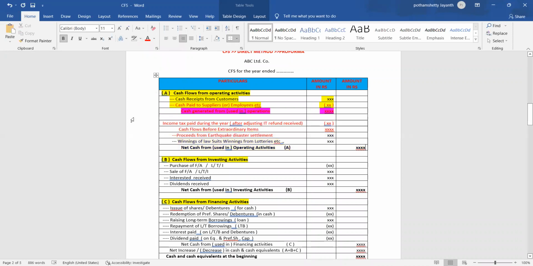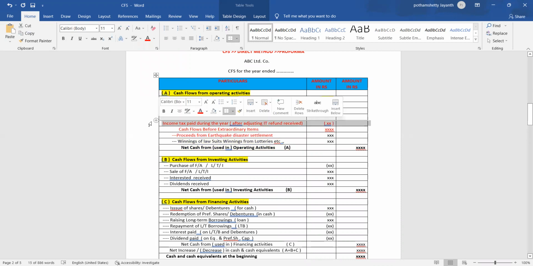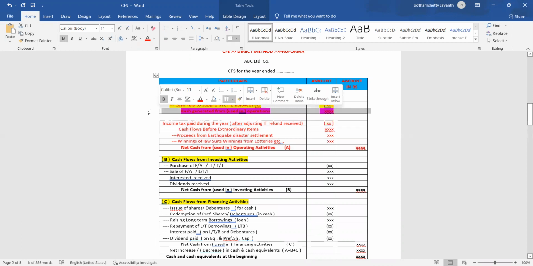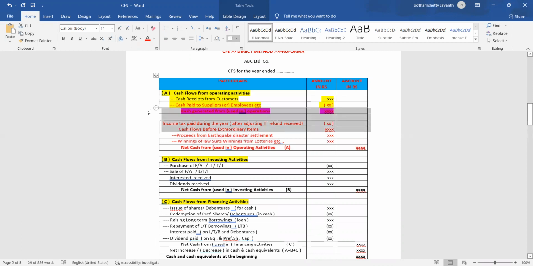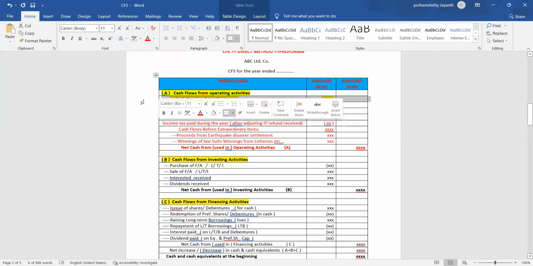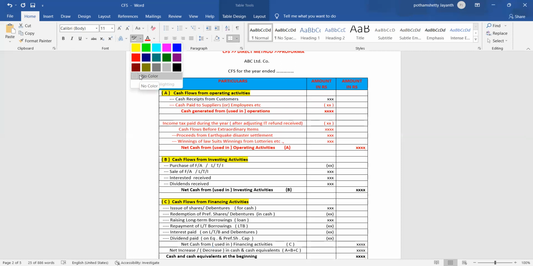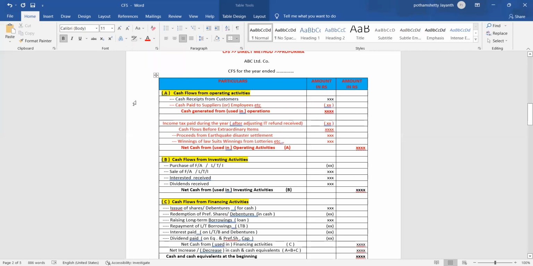Whatever is appearing on screen now will not change. These extraordinary items, winnings and all this will not change. I'll put them in the red color. Whether direct method or indirect method, this will not change. Only what will change is cash received from customers and cash paid to suppliers, which will come under direct method and will not come under indirect method.